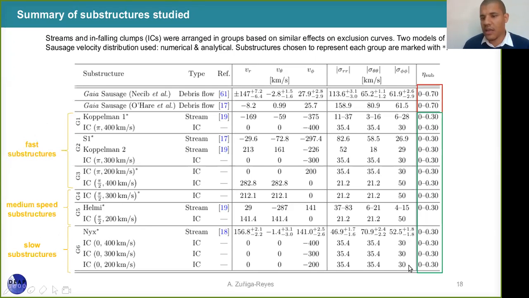If you look at the last column, it is the dark matter fraction in these substructures, and in the case of the sausage, the fraction goes from 0 to 70%, and in the case of the rest of the infalling clumps and streams, it goes from 0 to 30%.